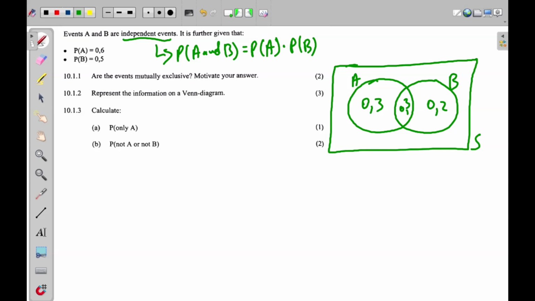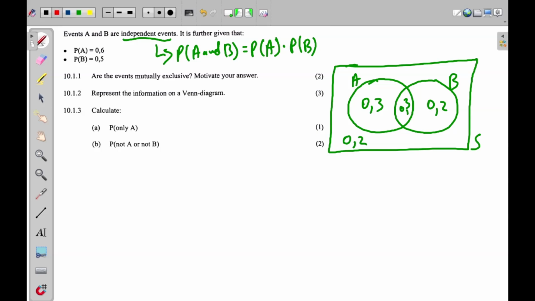If I add up what I have so far, do I get a 1? The answer is obviously no. 0.3 plus 0.3 plus 0.2 will only give you 0.8. So there is a deficit of 0.2, which means we must have a 0.2 outside the union of these two events. And that is what your Venn diagram will amount to.